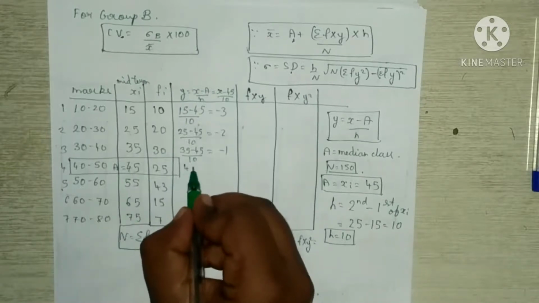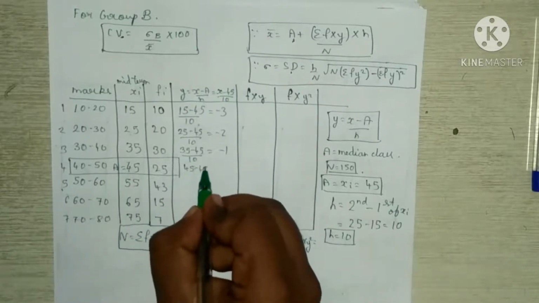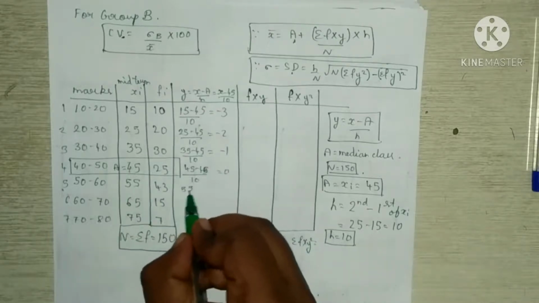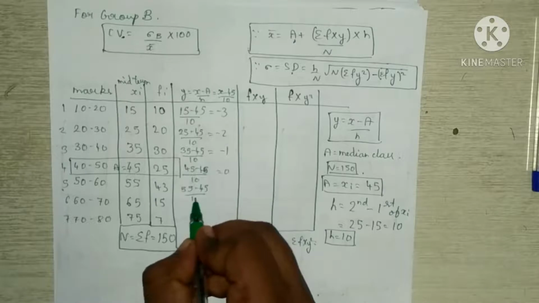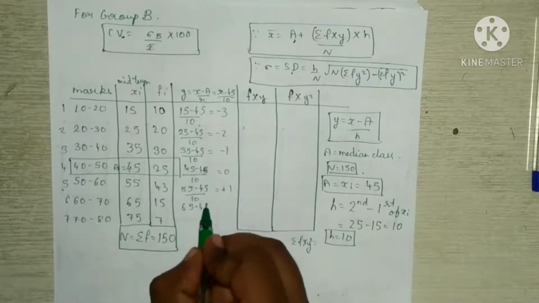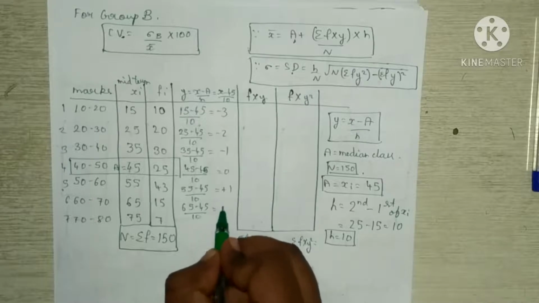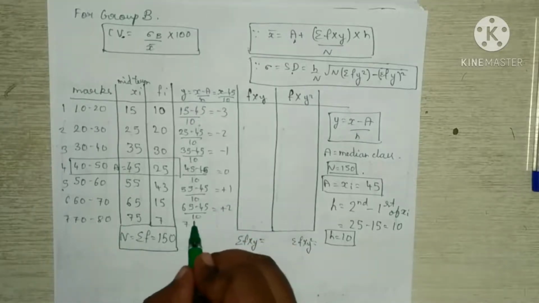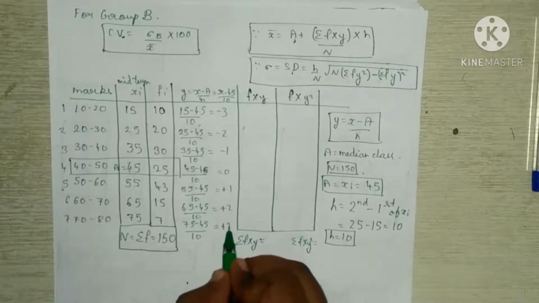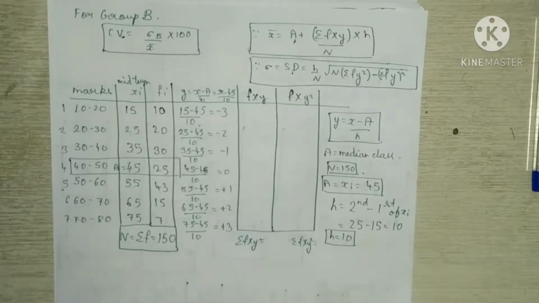Next 45, you will get 0. Next 55, you will get plus 1. Next 65, plus 2. Next 75, plus 3. Okay, you got the y values.